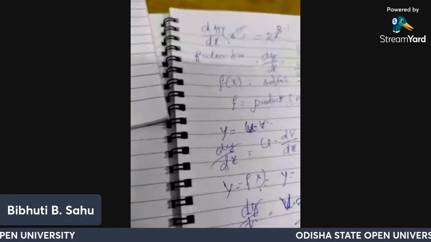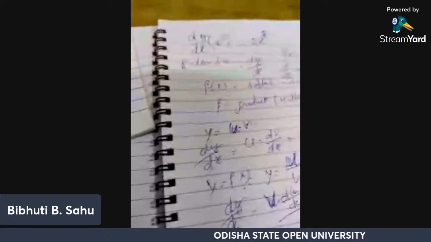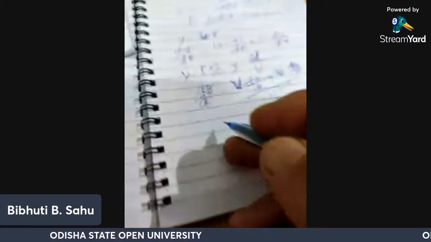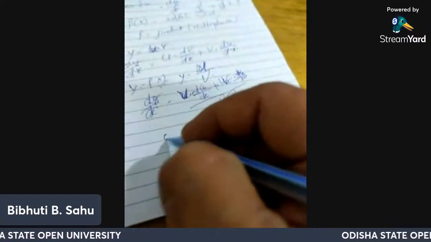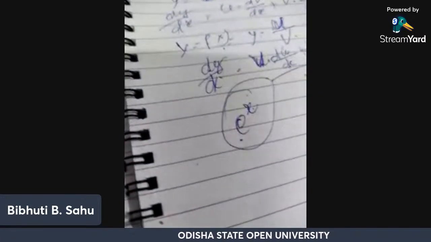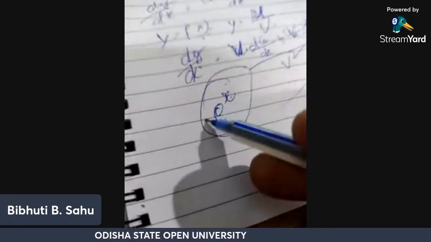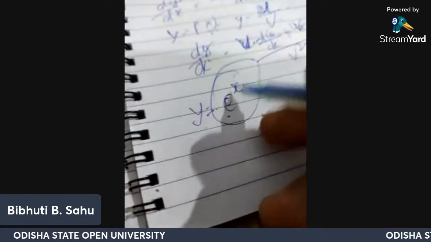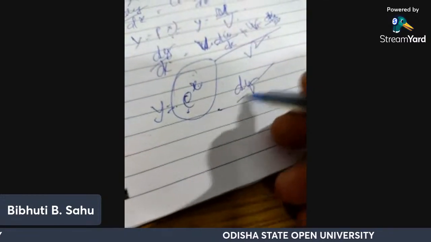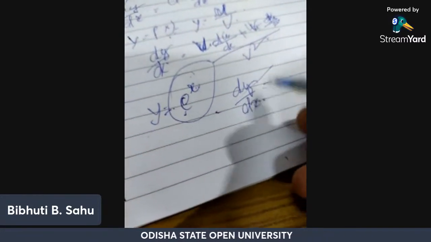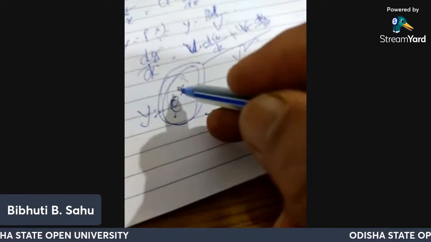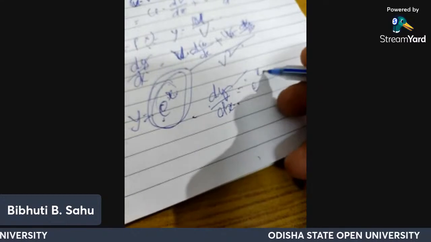Again, there are certain different special cases. When it is in the form of an exponential power, let e to the power x, this is an exponential form. In that case, if y is equal to this, then you can find dy by dx by simply taking this, which will be simply e to the power x.